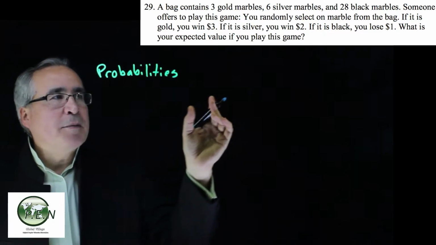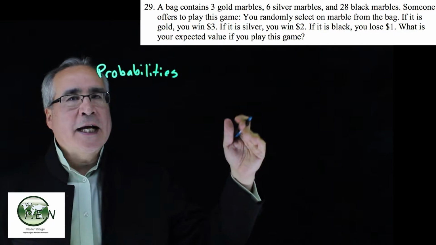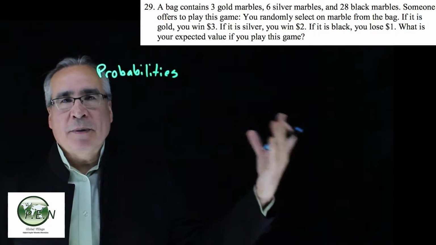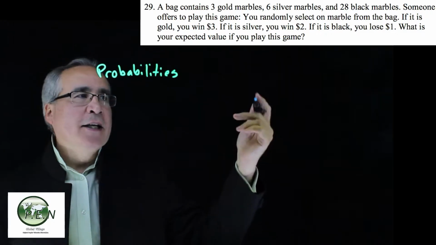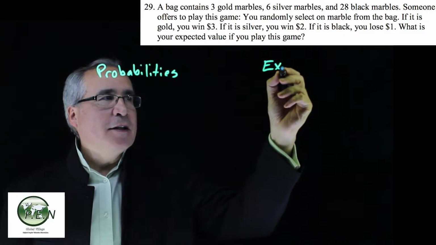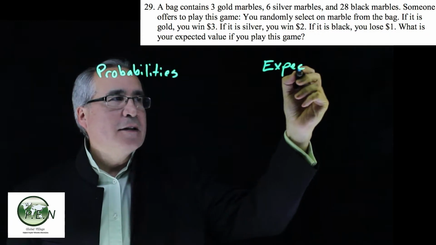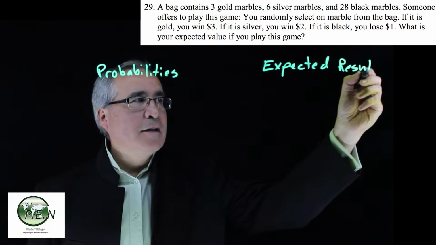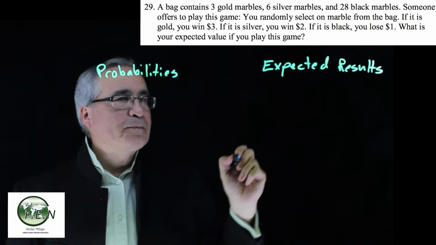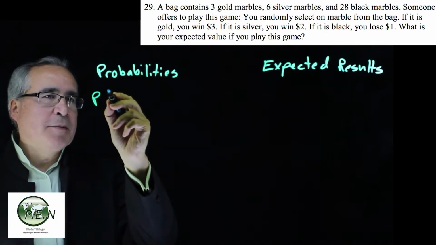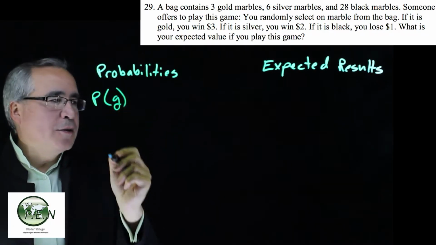And then we take those probabilities and multiply them by the outcome, how much we will either get paid or how much we have to pay. So I'm just going to put it over here, expected results.